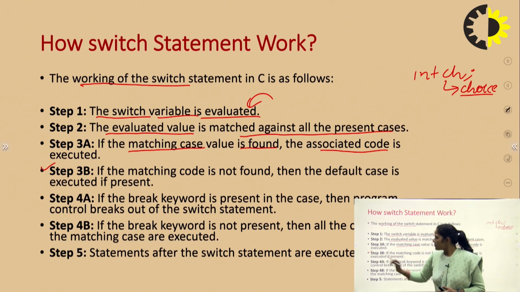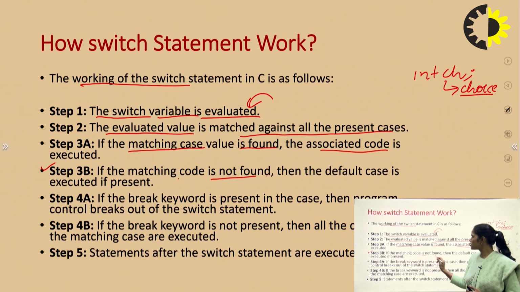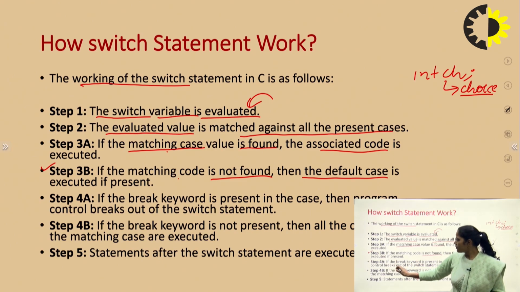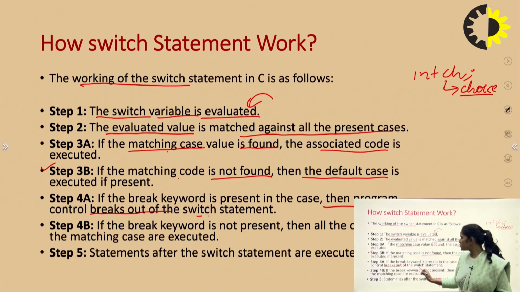If a matching case is not found, then the default case present in the program is executed. And if the break keyword is present in the case, then the program control breaks out of the switch statement.